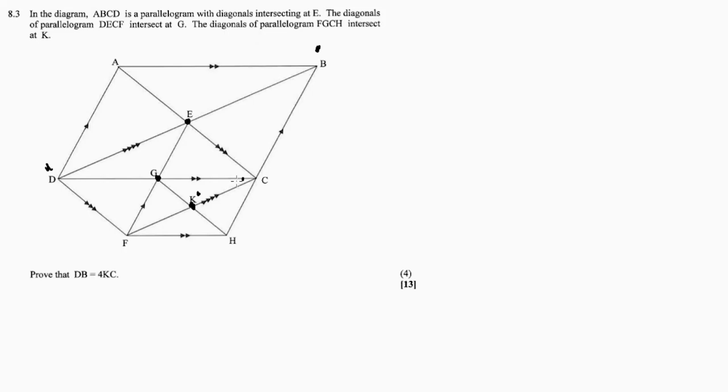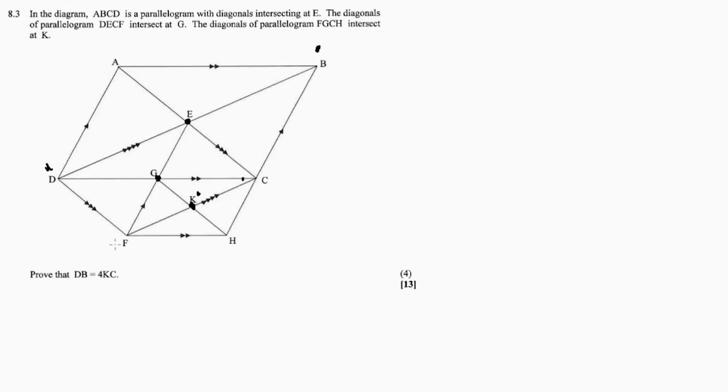Okay, here we need to use properties of a parallelogram, especially regarding diagonals. So we want to compare the length of this diagonal DB and the length of this diagonal KC. KC is half of this diagonal FC, right?